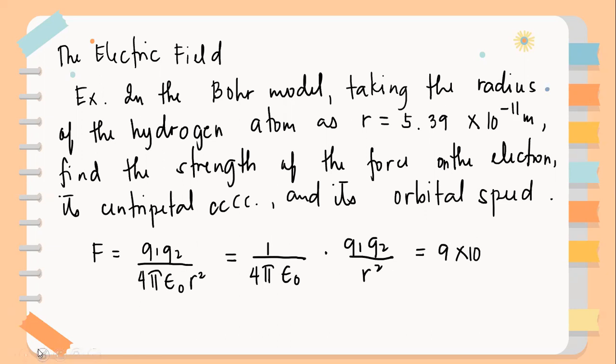Let us use the true value, 8.99 times 10 to the 9 newton meter squared per coulomb squared.